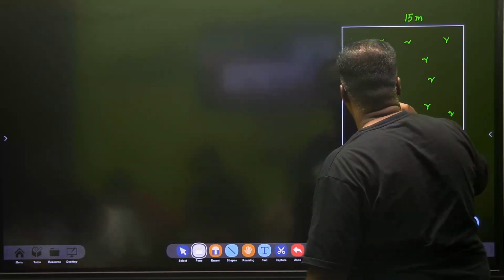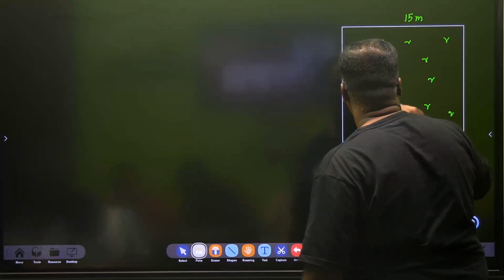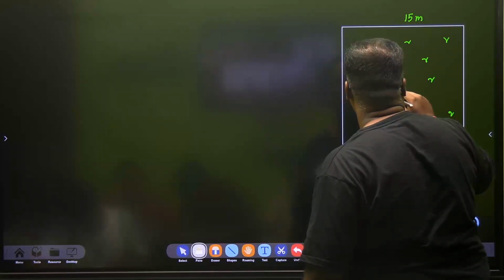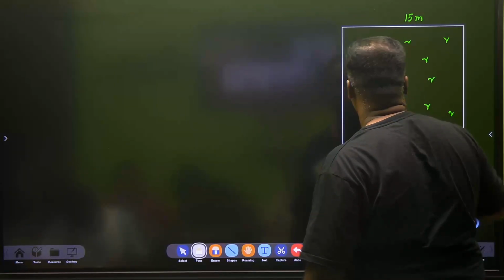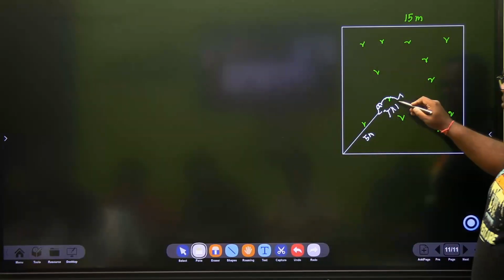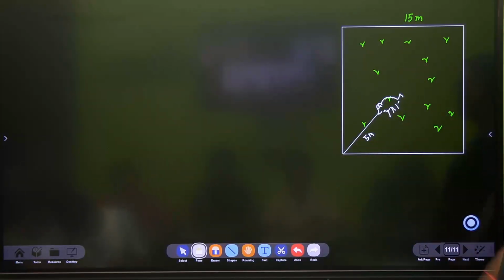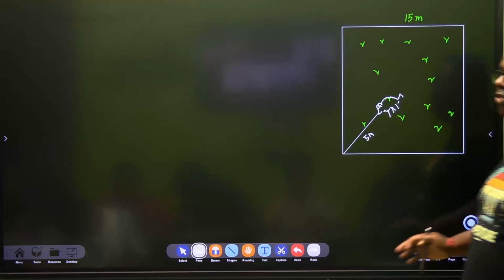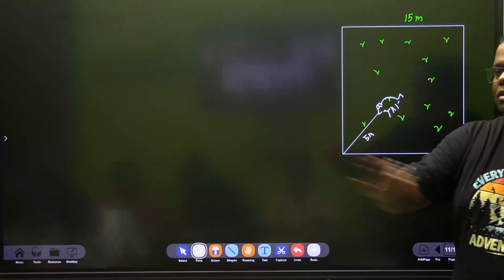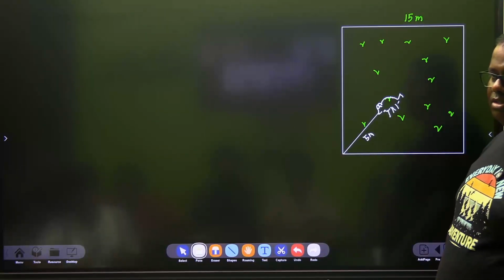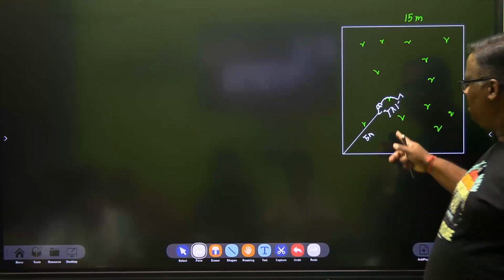And here we have our horse, though it is not looking like a horse, but please understand this is a horse. Now the horse will be moving in what way? It will be sweeping a circle. Do you understand? We are very much aware of this diagram.